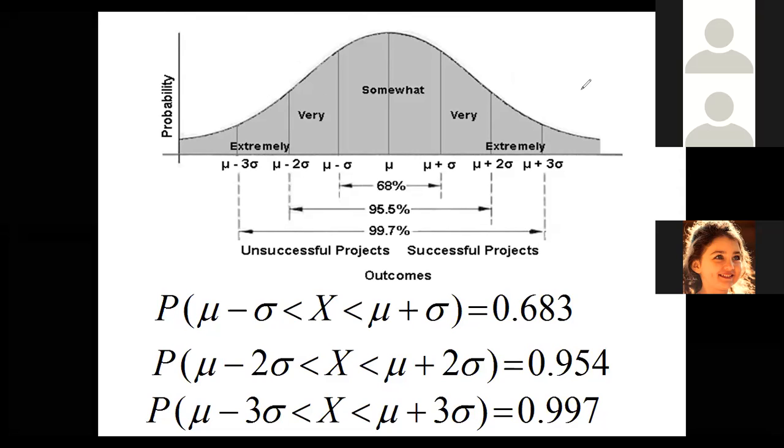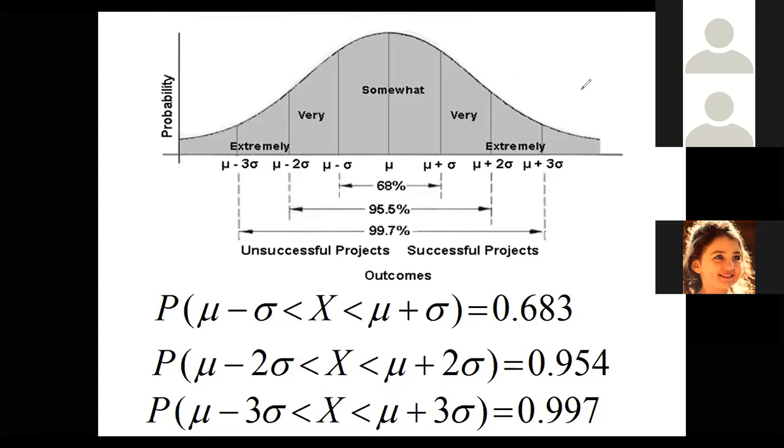What are the 2 parameters relating to normal distribution? We already said: standard deviation and mean. So how can we talk about these areas, which actually reflect the probabilities, in terms of these 2 parameters, mean and standard deviation?